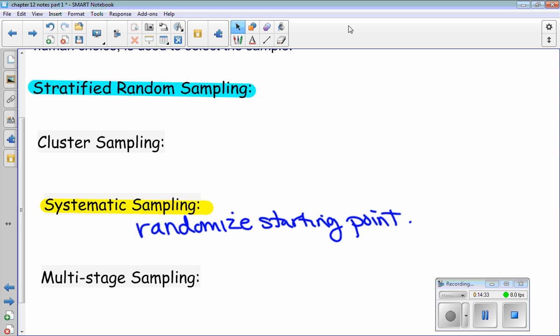So what we want to do in the beginning is identify what subgroups in our population we're interested in. Okay? So we could do it, like we were talking about all students at Stonewall Jackson High School. We could talk about freshmen, sophomores, juniors, seniors. And we could randomly pick so many freshmen, so many sophomores, so many juniors, so many seniors. That is a classic example of stratified random sampling.